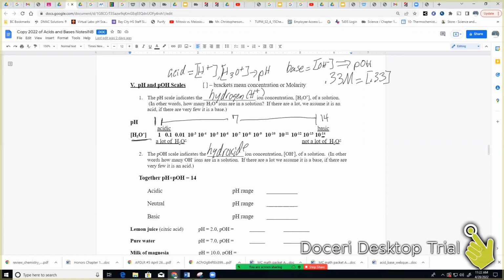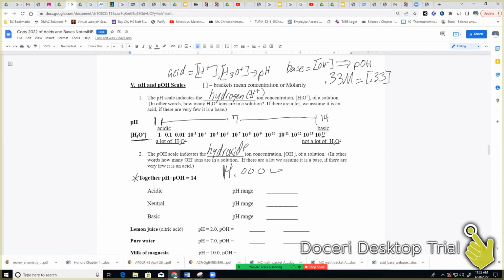So if you have pH and pOH, they add up together to equal 14. We'll use that quite a bit. And that's 14.0000. That does not affect my sig figs. So my sig figs are going to come from places behind the decimal, from either my pH or my pOH.